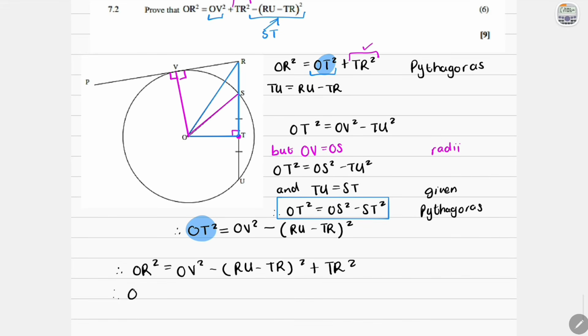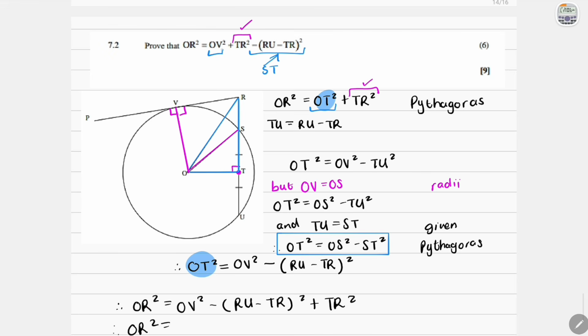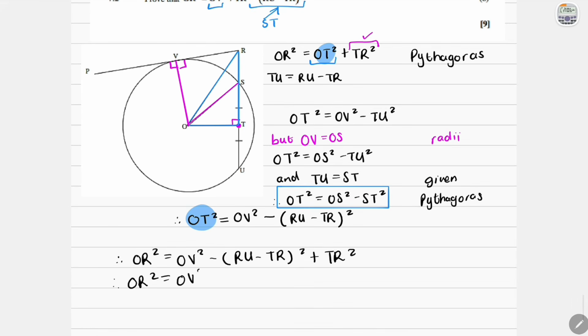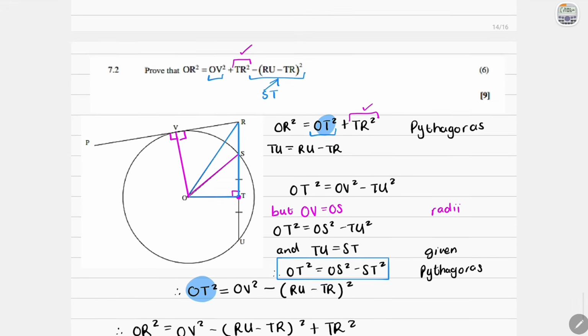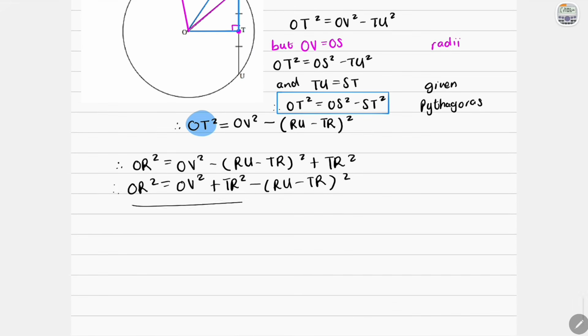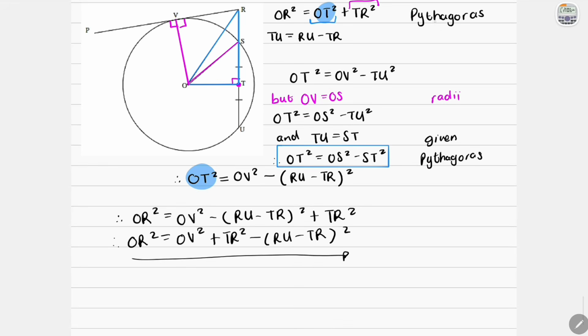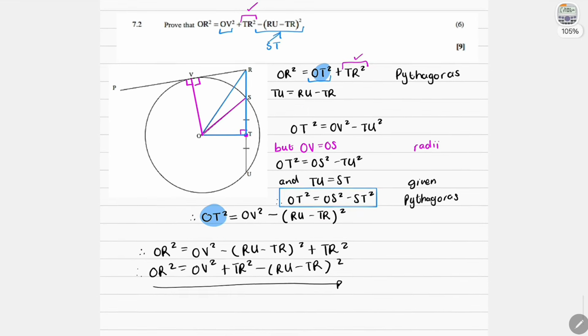Do you see that all they did was write OV squared first and then the TR? So OV squared, there's our positive TR squared, and then minus RU minus TR all squared. And there we have proven this. So there we go.